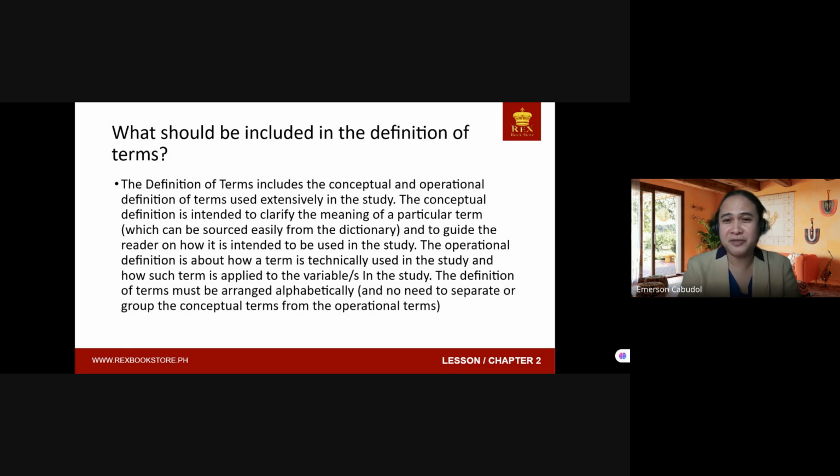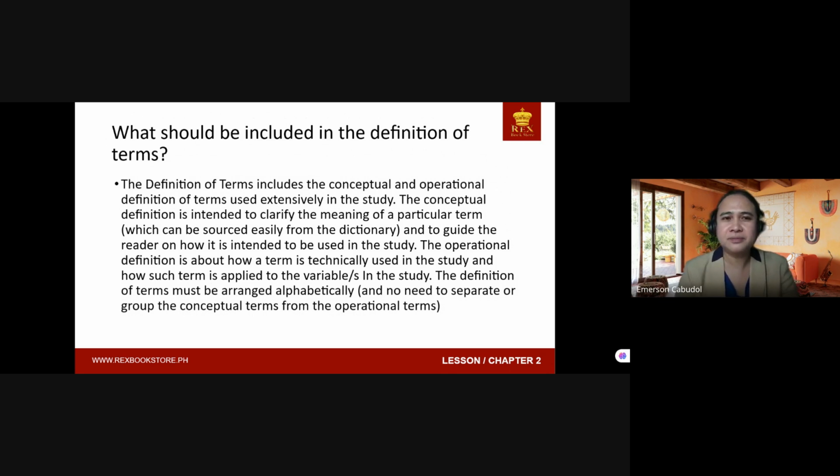So let's say for example, in this study, customer satisfaction is measured using a 5-point Likert scale questionnaire, assessing customers' perceptions of service quality, product quality, and overall experience at the store. So these are two definitions, the conceptual definition and the operational definition of customer satisfaction.